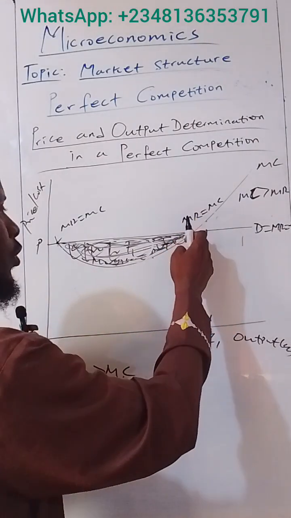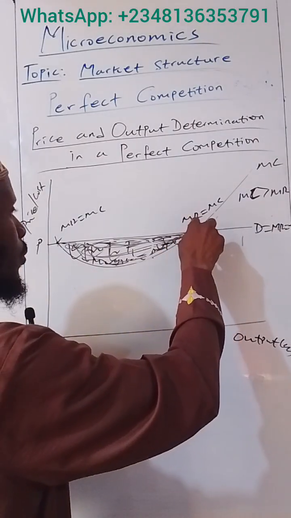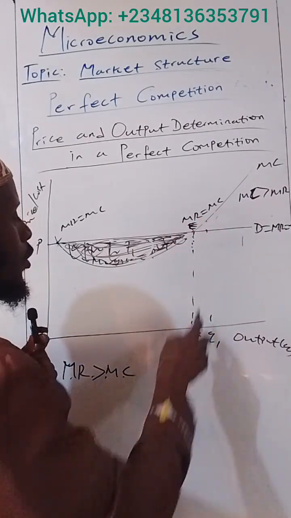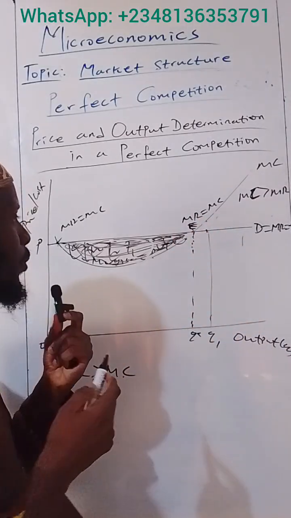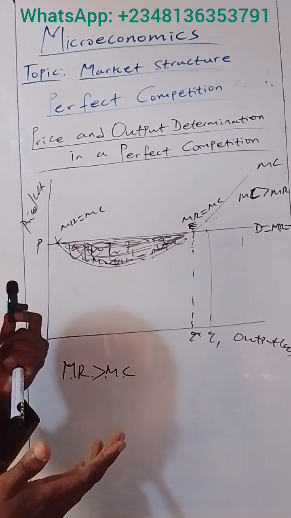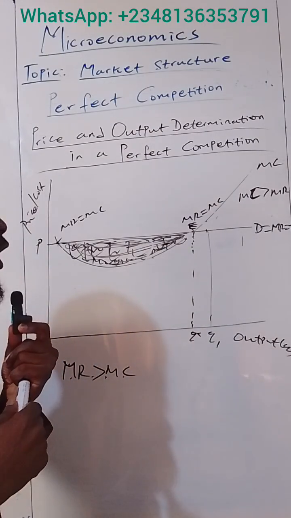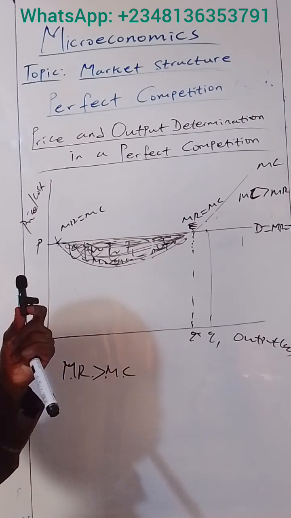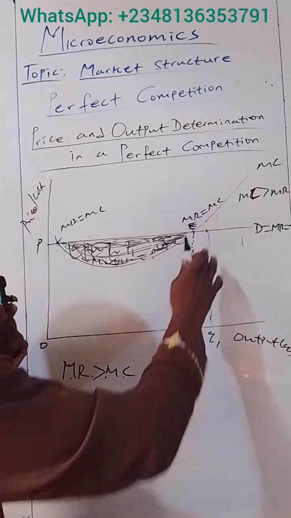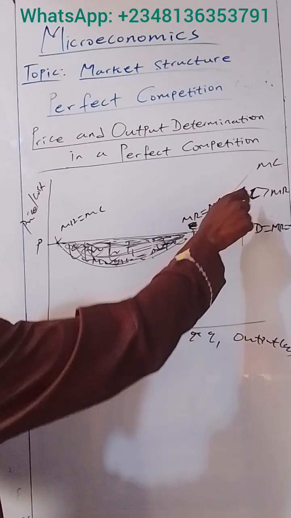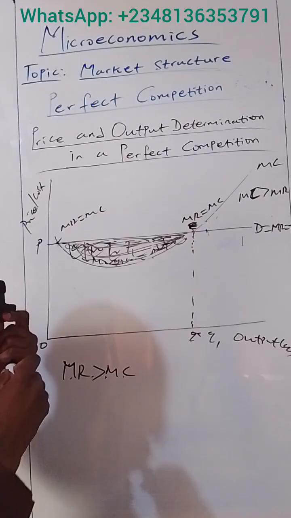Once marginal revenue is equal to marginal cost, the firm should fix its level of output at that point. It should not produce beyond that point, because if the firm produces beyond the point where MC is equal to MR, it is going to incur a loss on every extra unit produced. You can see this is the point where the firm is in equilibrium and also maximizing profit.